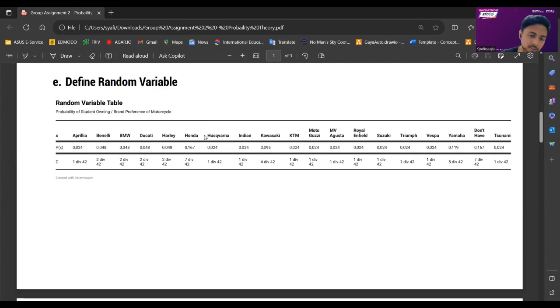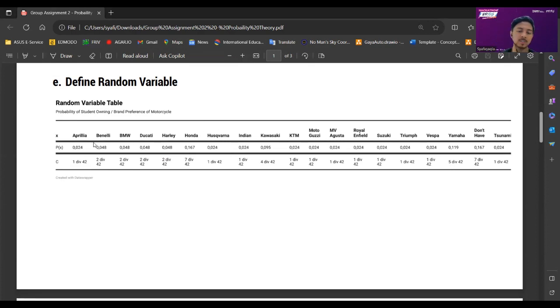For Honda, we have 7 out of 42, so we divide 7 by 42. The probability is 0.1667. And then for Husqvarna, it is the same as Aprilia.